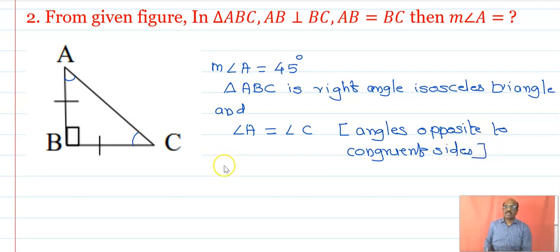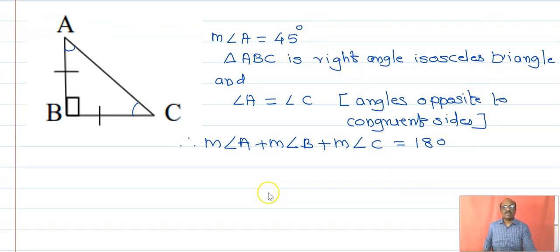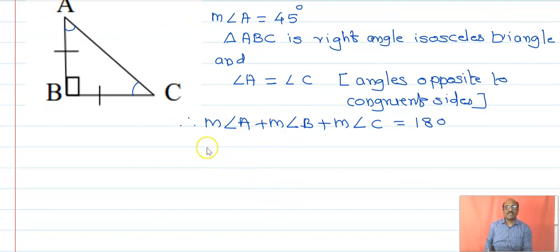As these two angles are equal, measure of angle A plus measure of angle B plus measure of angle C is equal to 180. Now as angles A and C are equal, measure of angle A plus B is 90 degrees.